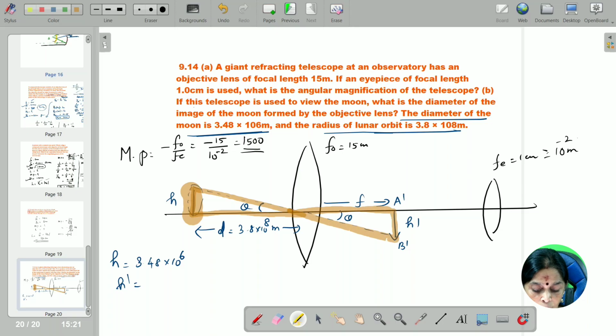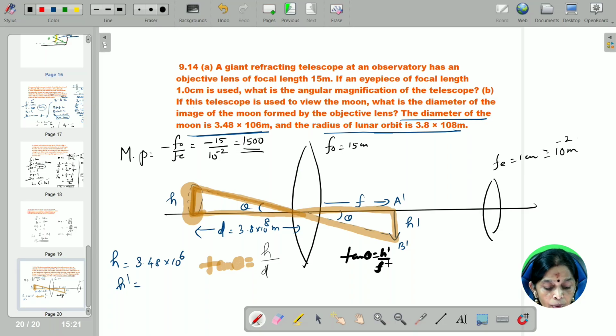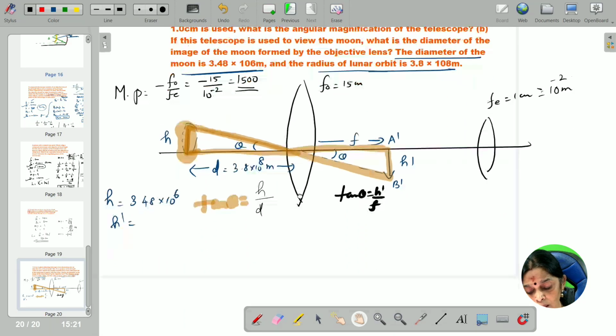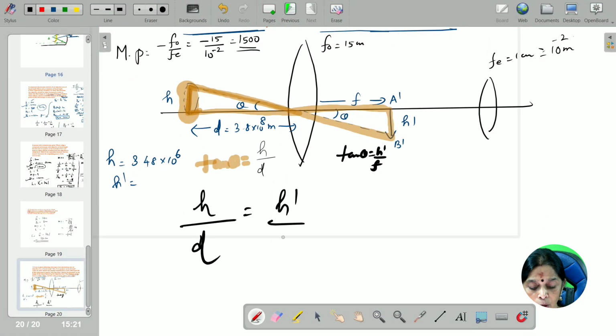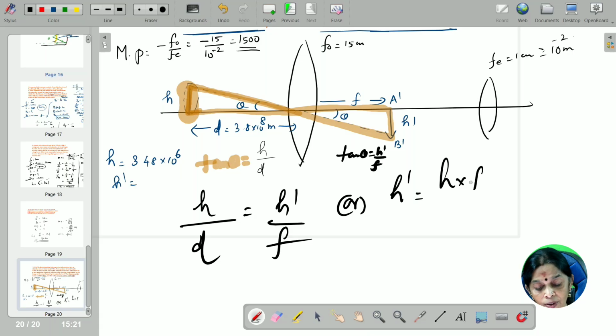Vertically opposite angles are equal, yes. So therefore can I write tan theta is equal to H by D? Yes. Here tan theta is equal to H dash by F. So equate both. H by D is equal to H dash by F. I want to find out H dash. Therefore H dash is equal to H into F divided by D.